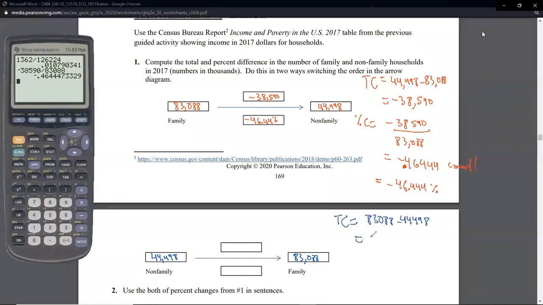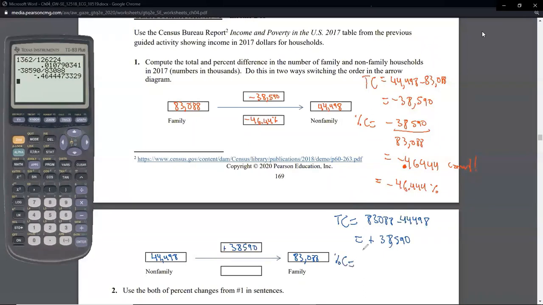Now this will be a positive value, and that's 38,590. We're just subtracting in the opposite order, so the value doesn't really change except in sign. So that says there was an increase. Last time it was a decrease, this time there's an increase.